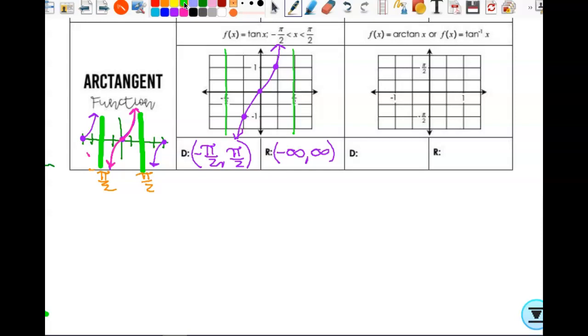All right, so now we have to graph arctangent. If I start at negative pi halves, I'm undefined, which means over here, I'm undefined at negative pi halves, which is right there. At pi halves, I'm undefined. Boom.